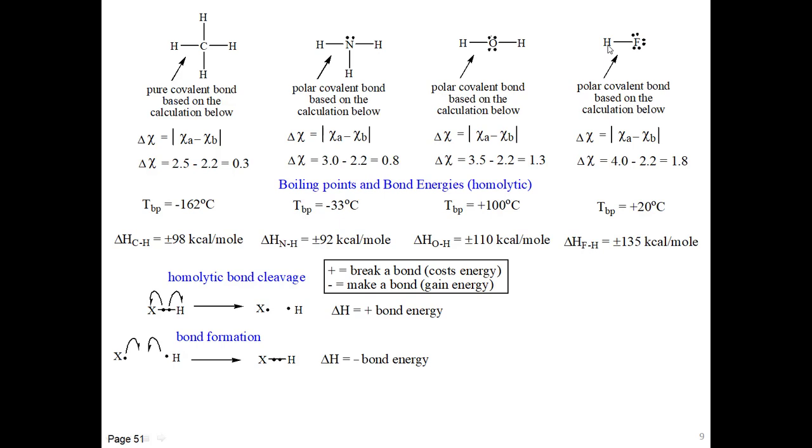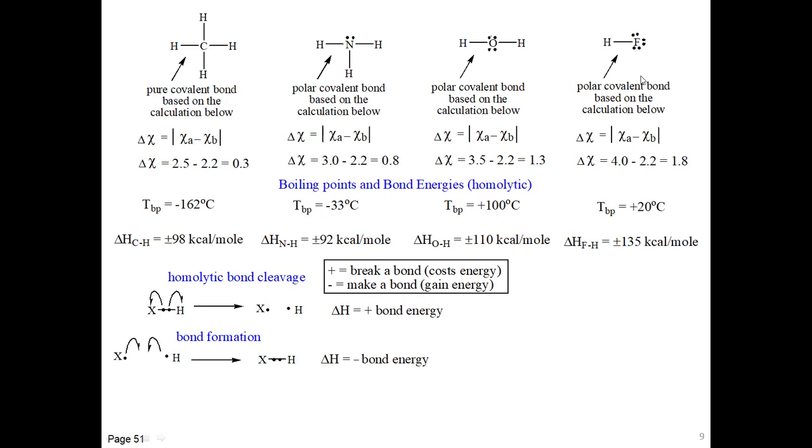If we keep moving and go to HF, well, fluorine is the most electronegative element, 4.0. So we have the greatest electronegativity, and so we're thinking, well, maybe that would be the highest boiling liquid. So we look up here, we see partial positive, partial negative, but when we come down, it's pretty high, but it's not as high as water.